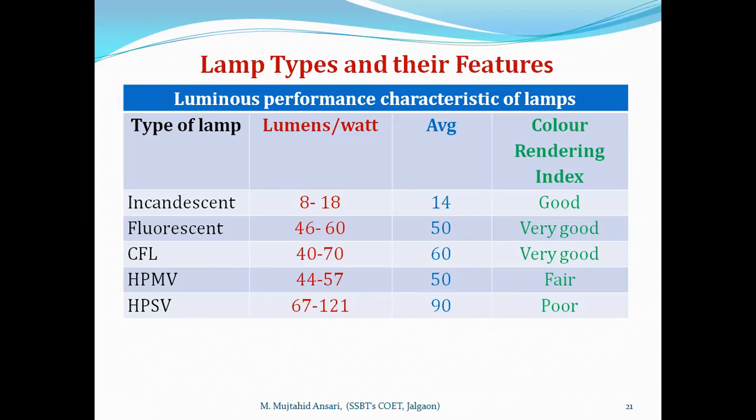The reason is that the luminous efficiency of the sodium vapor lamp is very high as compared to other lamps. Second, in the open yard the lights are mounted at a higher height, 7 meters, 9 meters, even some high masts, especially at airports and petroleum depot yards, if you visit any such place.